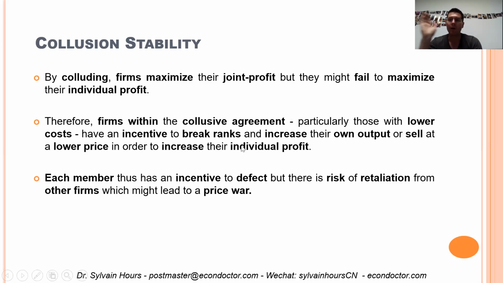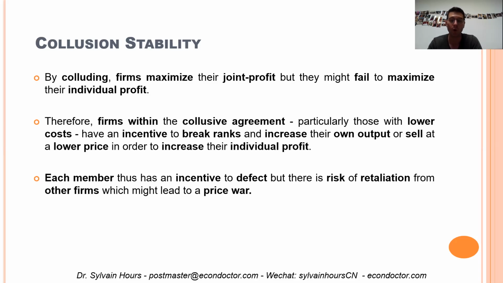Yeah. Why is it possible that collusion is not going to work? Simply because after the firms agree not to fight, so they meet, for example, in the case of formal collusion, they meet and they agree to keep prices high, then of course, each firm will have an incentive to cheat, to defect.